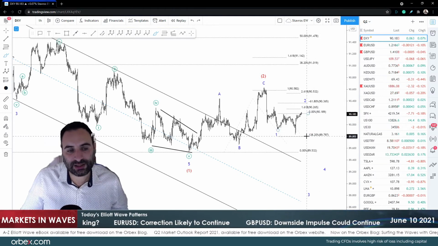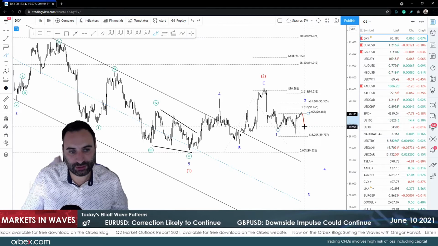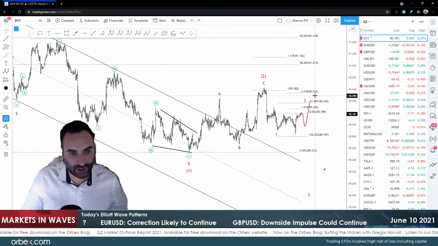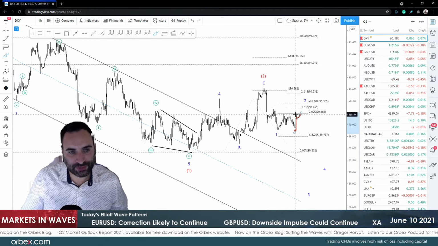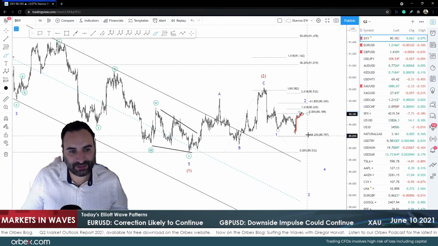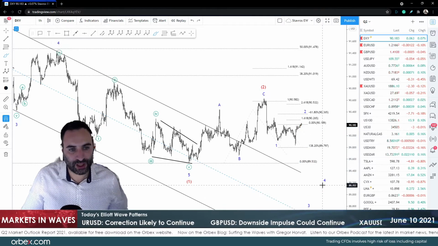In this scenario, guys, we might need to take a look at, well, obviously one will be the correction down here and then 3, 4, and 5, or we might need to look at this as 1, 2, 3, 4, and 5, which means it ended as an ABC flat over here. And we could continue lower down to wave 3.